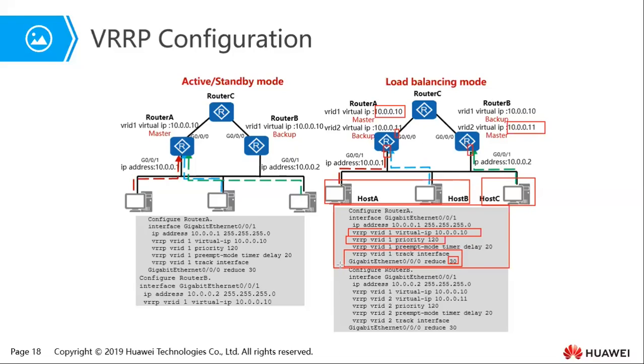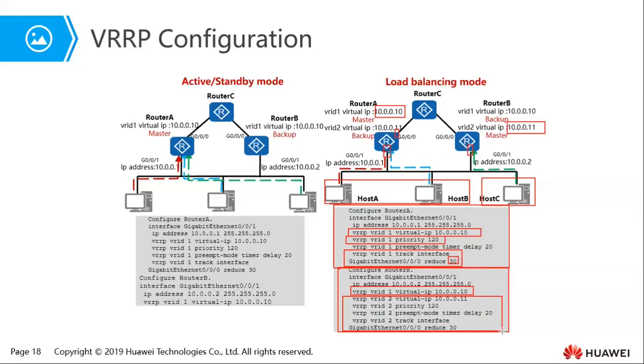We can also configure router B. With router B, we begin by adding it to group 1. So we use the command VRRP VRID 1, then we give it a virtual address, which will be the same as that. After doing that, we configure the second VRRP group.